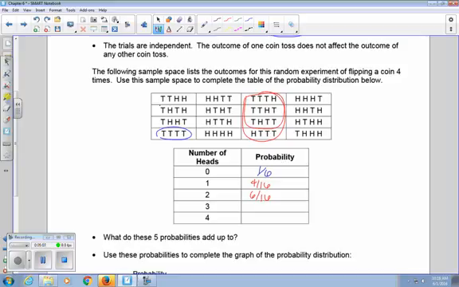The probability of 3 heads is 4/16. And the probability of getting 4 heads is 1/16. What do these probabilities add up to? If you add up the column, they all add up to 16/16 or 1.